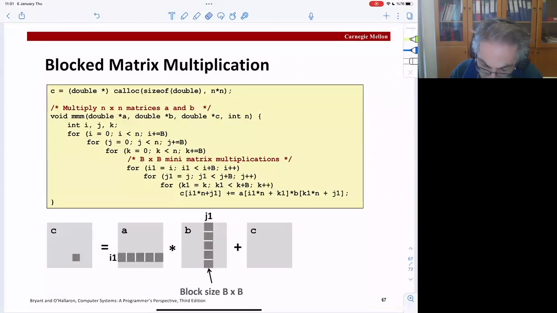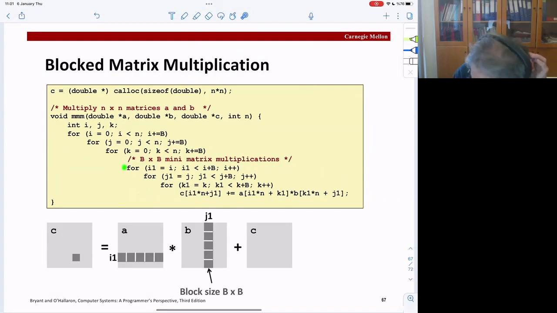So what I can do is now I can do this blocked matrix multiplication. You can see that the first for loops here are our regular matrix multiplication. But in here, I do the mini matrix multiplications, which is again a triple for loop.